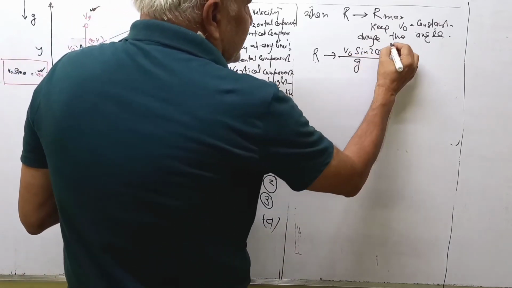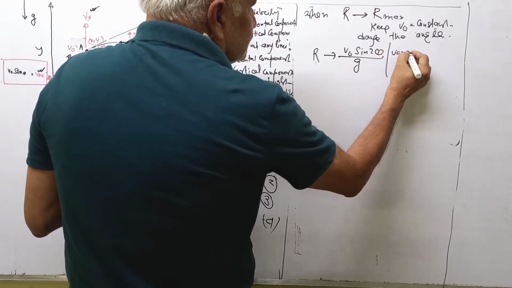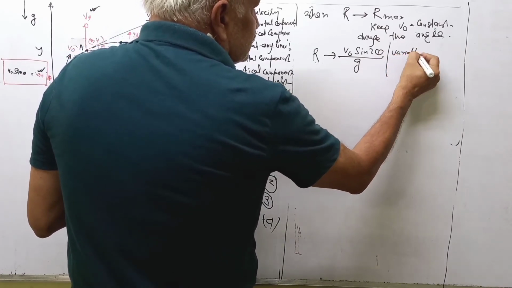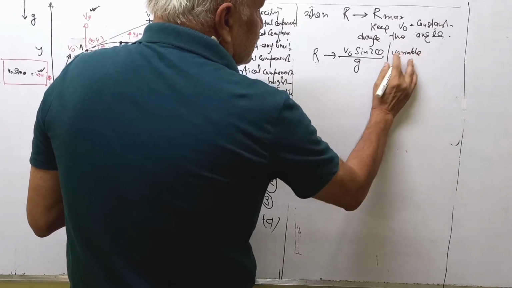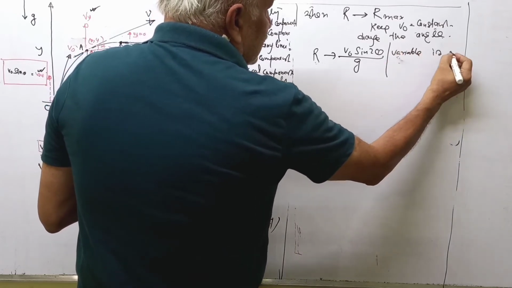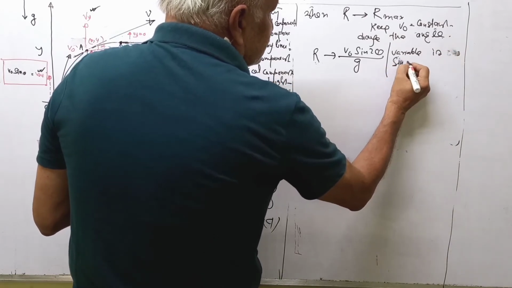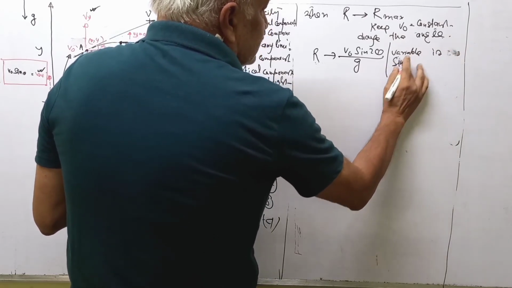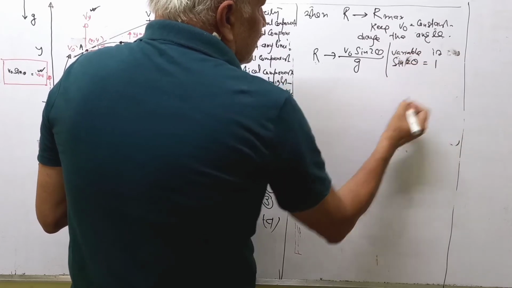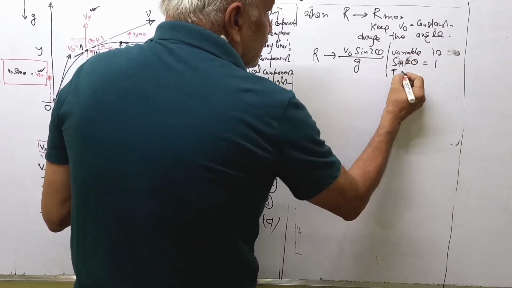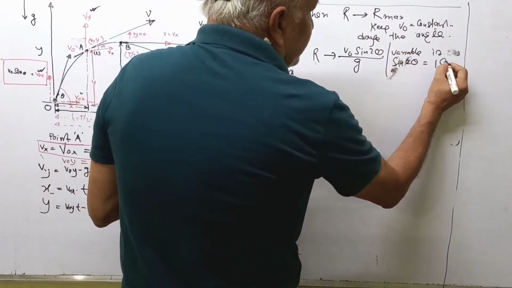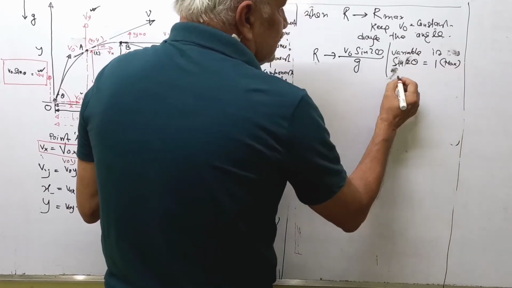The variable is twice theta, sine twice theta, which is maximum.